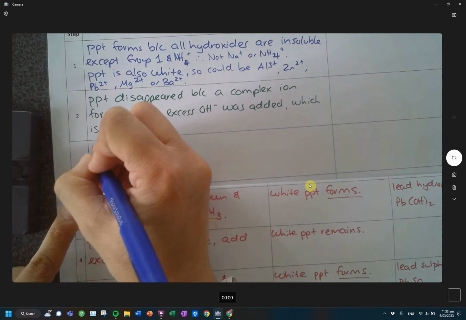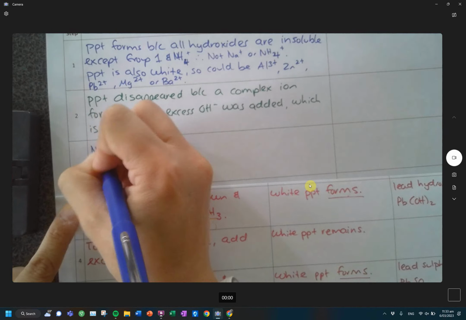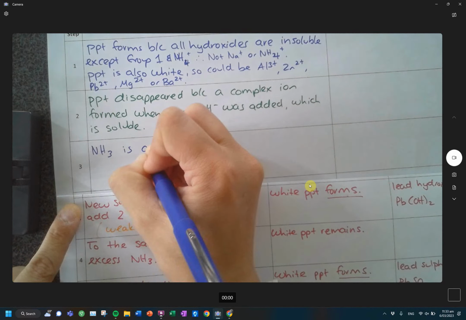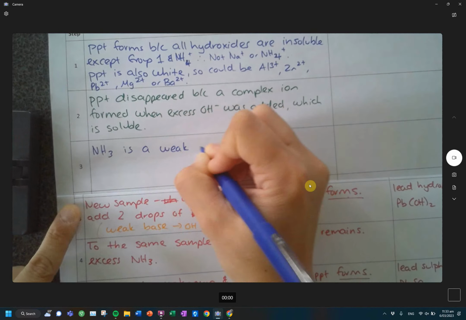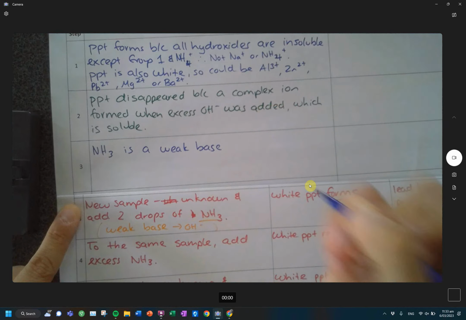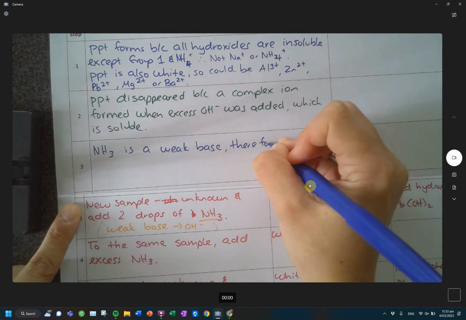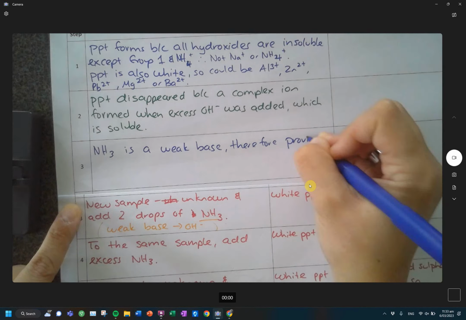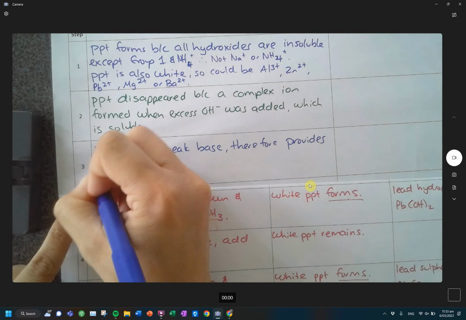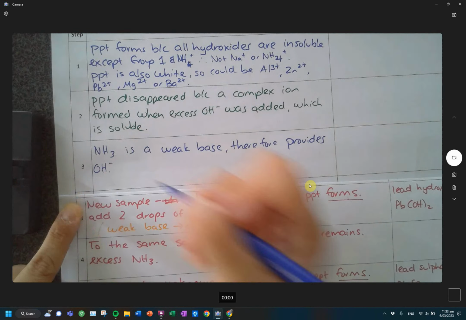So I would start off with saying that ammonia, NH3, is a weak base. Therefore, it provides OH minus.